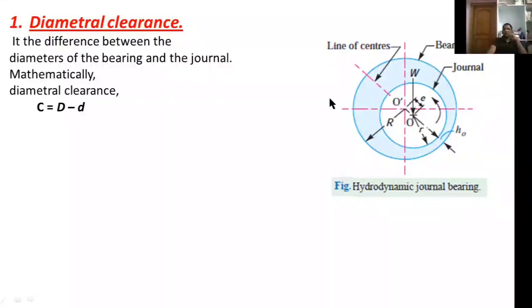Mathematically, diametral clearance is indicated by capital C. So diametral clearance, capital C, equals the diameter of the bearing minus the diameter of the shaft.